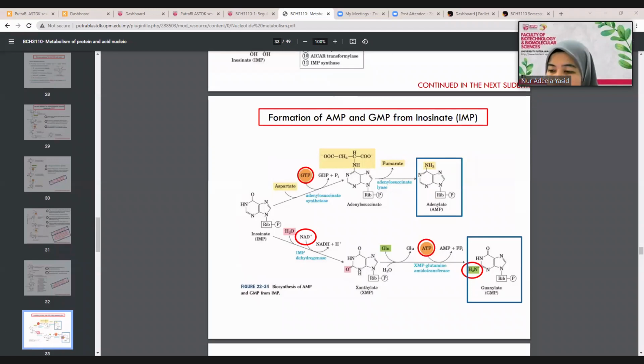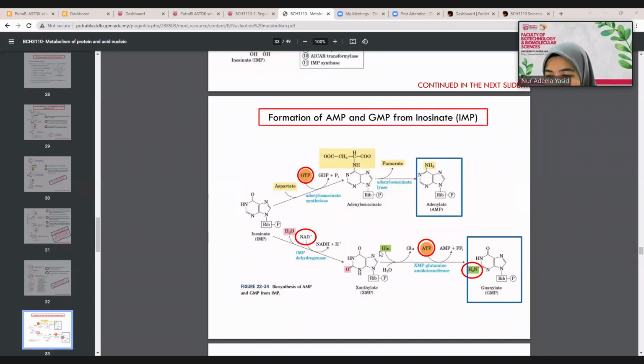The same goes for the production of GMP from IMP. It involves two reactions. The first reaction is catalyzed by IMP dehydrogenase, an oxidation reaction that produces xanthylate, which is XMP.